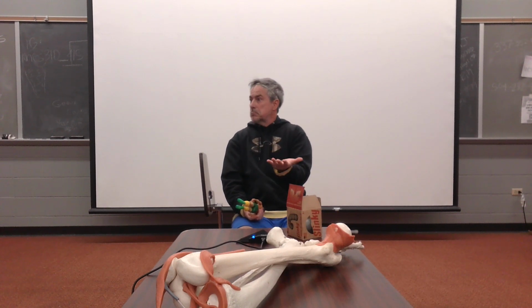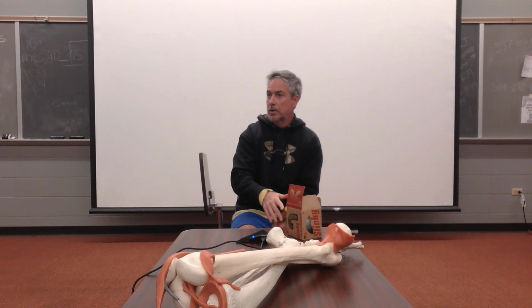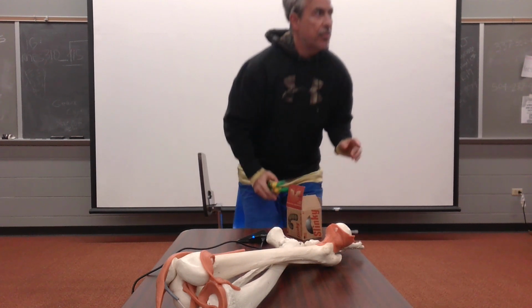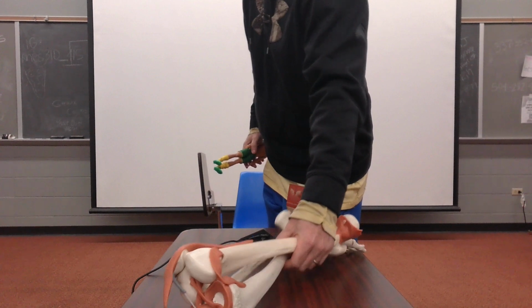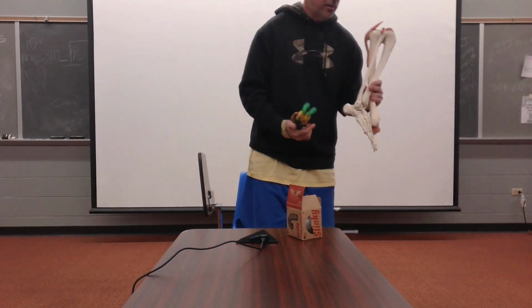Prone and supine. So pronation and supination is literally the act of going supine or the act of going prone. Eyes up, eyes down. So how I want you to think about this for the subtalar joint.